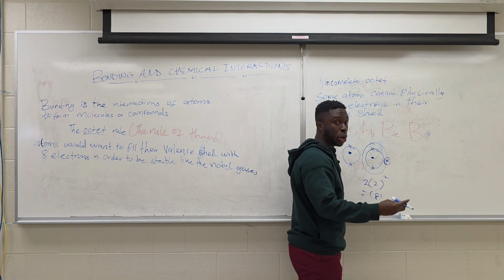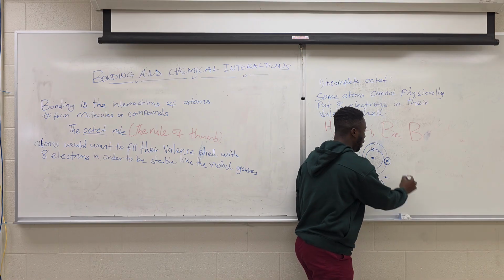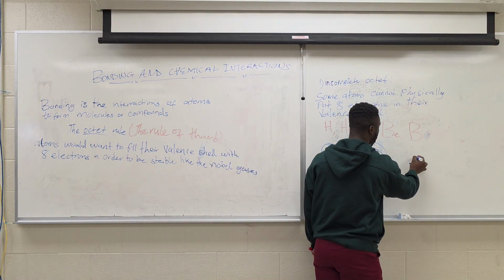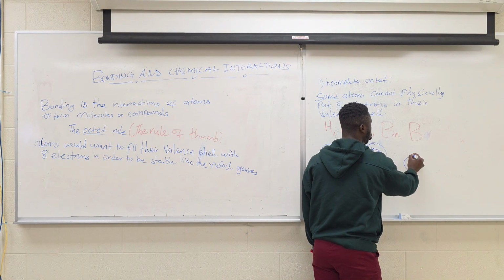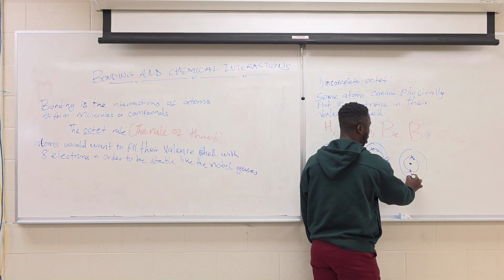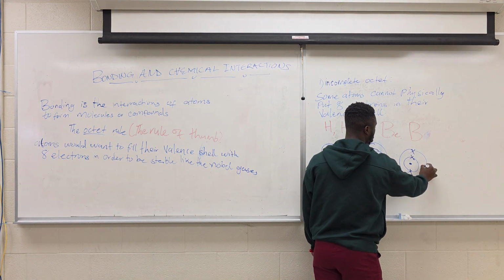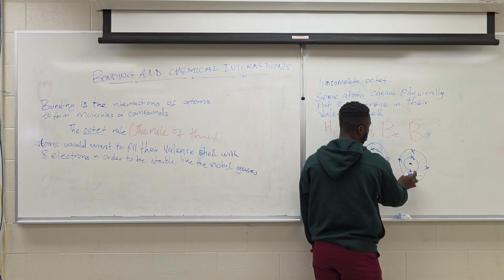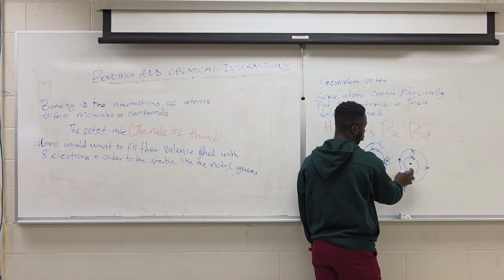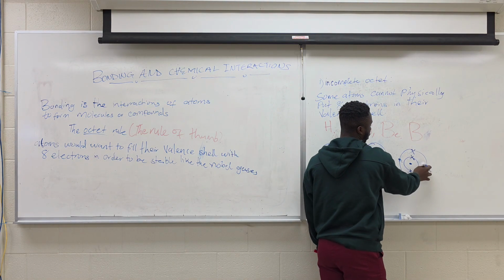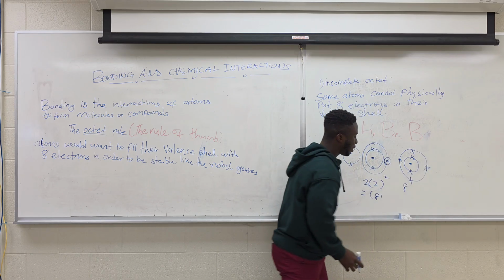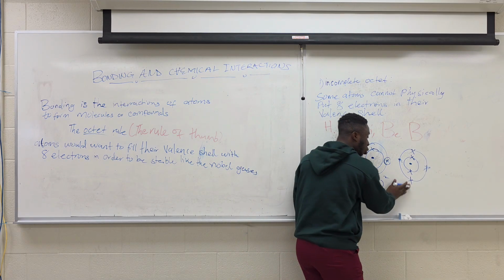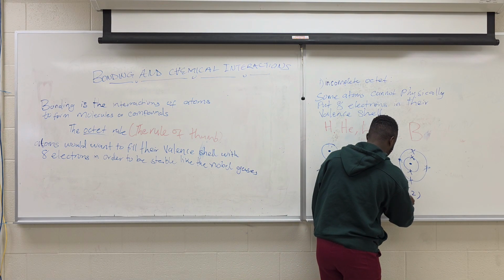Beryllium also theoretically could hold 8 electrons, but if you draw the structure of beryllium, 1, 2, 3, 4, when you draw beryllium like this, theoretically it will be able to also hold 8 electrons, right?